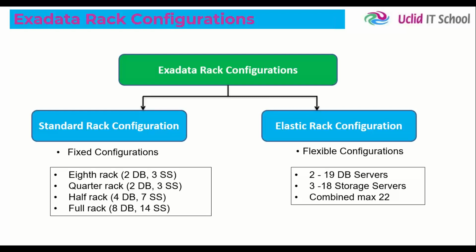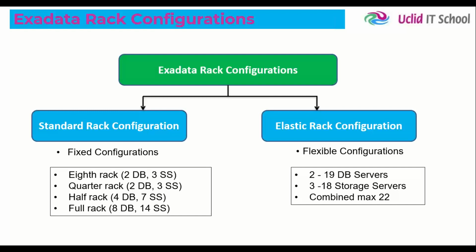So if you want more than 22 servers, you might need to order multiple racks. So this 22 is the maximum per rack, and this 22 can be in any combination of database servers and storage servers, meeting these minimum and maximum numbers.